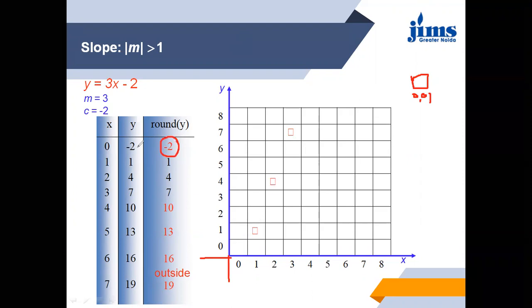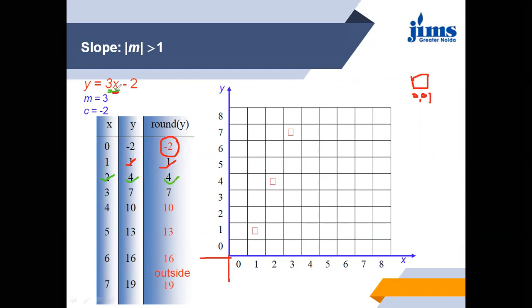So this is outside the display unit. When the value of x is 1, 3 multiplied by 1 is 3, 3 minus 2 is 1, so the value of y is 1. Let me change the color once more. When the value of x is 2, 3 multiplied by 2 is 6, 6 minus 2 is 4, so this is 4.